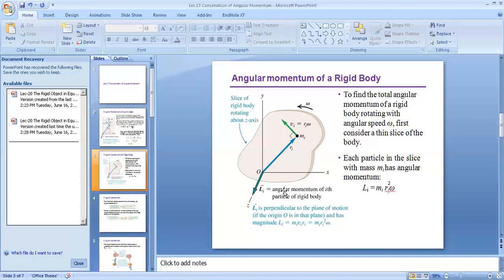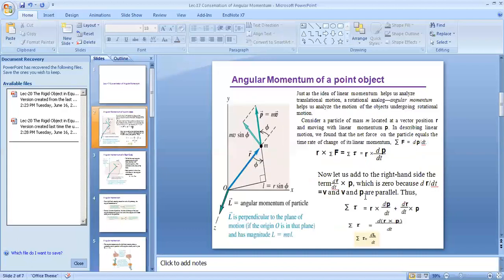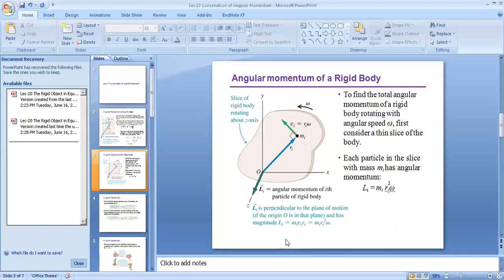In that case, we can see that L is equal to mvr. Here, small r is the radius.